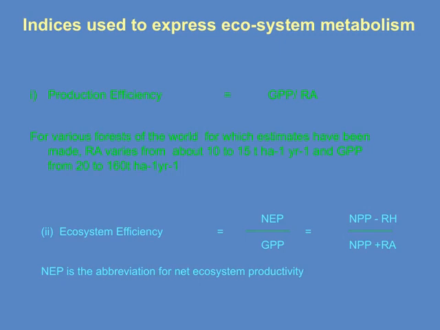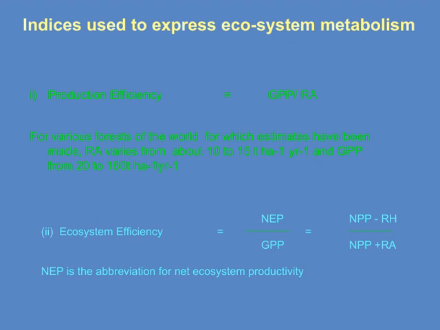Let's take a closer look at the indices used to express ecosystem metabolism. First, we have production efficiency, which is calculated as GPP divided by RA. GPP, or gross primary productivity, is essentially the total amount of carbon fixed by plants through photosynthesis. RA, on the other hand, is the autotrophic respiration, which is the energy used by plants for maintenance and growth.